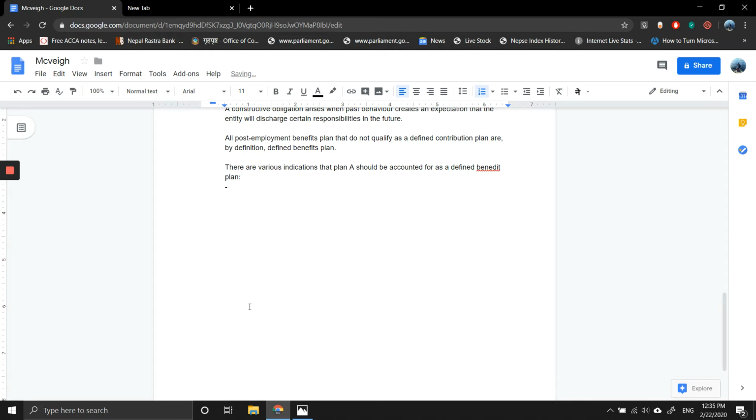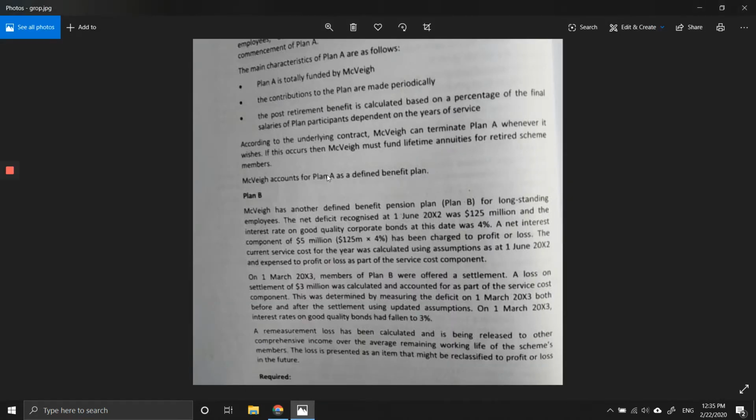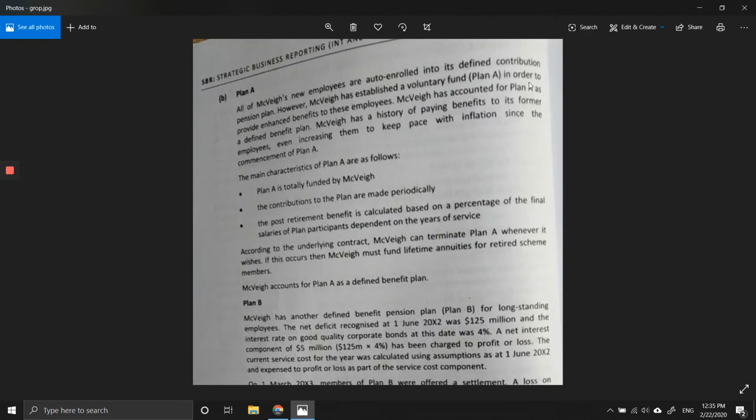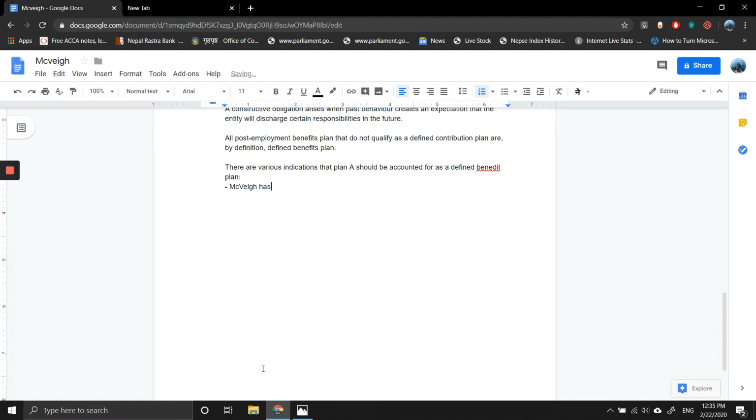First reason, McVeigh has a history of paying pension benefits and has therefore created a constructive obligation that it will continue to do so.